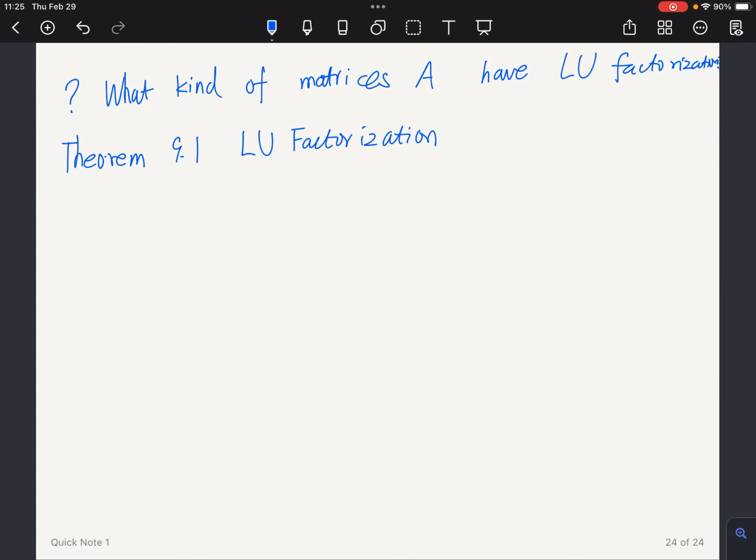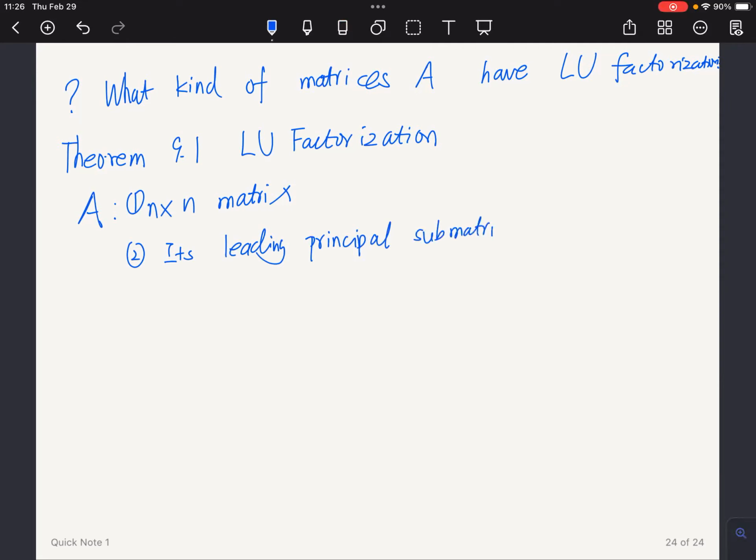We have the requirements here. A is an n by n matrix, and this is the first requirement: it's a square matrix. And its leading principal submatrices A1 to An are all non-singular.